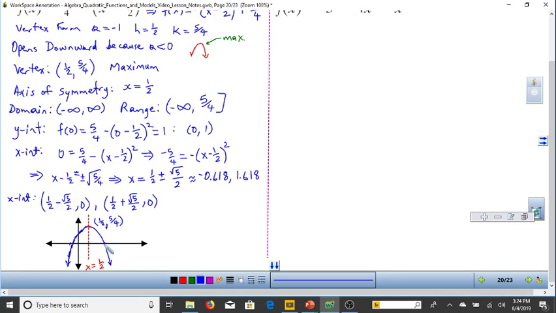And then this point here, let me use a different color, that's my x-intercept at 1/2 plus square root 5 over 2, and that one there is 1/2 minus square root 5 over 2, and then this intercept is at 1. And that's the graph.